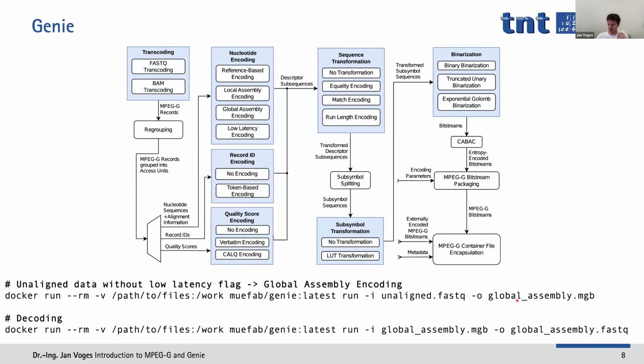We give it an output file. And this is our compressed output file, which is very small and can be nicely transmitted over the internet. And then when we want to decode the data again, we again call our Docker container, and now as input file, we give it the compressed data, and as output, we get the genomic data again.